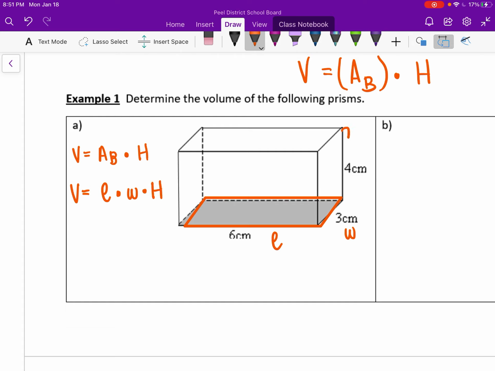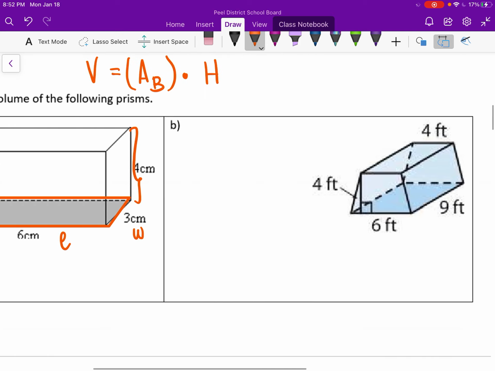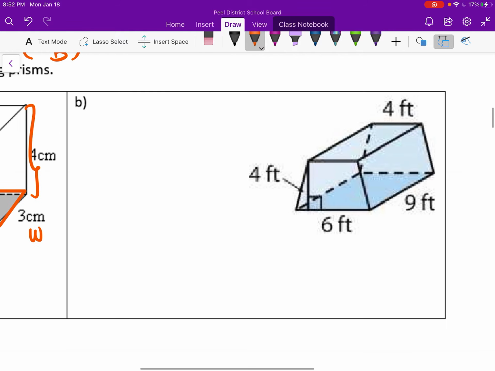My height is going to be this portion right here, 4. So volume is equal to 6 times 3 times 4, and that's going to equal 72. And it's centimeters, so centimeters cubed. This one's pretty easy. We've done volume of a cube multiple times, of a rectangular prism.